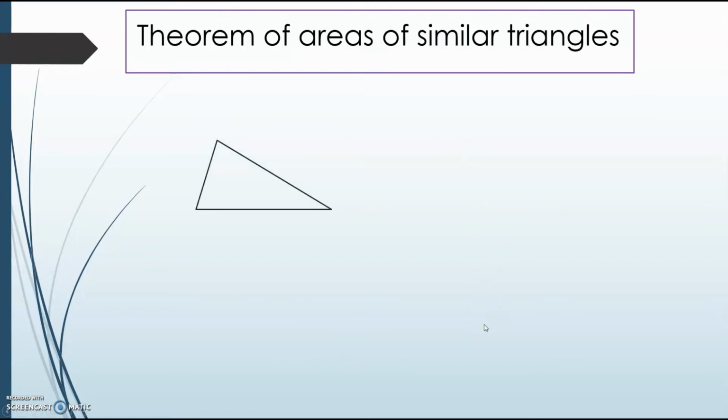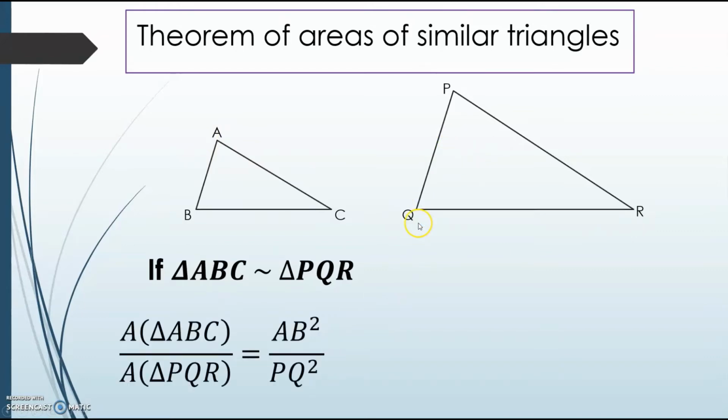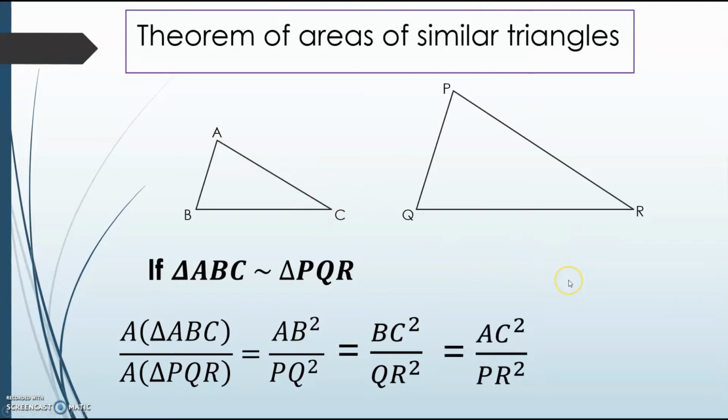We are given two similar triangles, triangle ABC and triangle PQR. If triangle ABC is similar to triangle PQR, then area of triangle ABC upon area of triangle PQR is equal to AB square upon PQ square, which is equal to BC square upon QR square, and that's equal to AC square upon PR square.